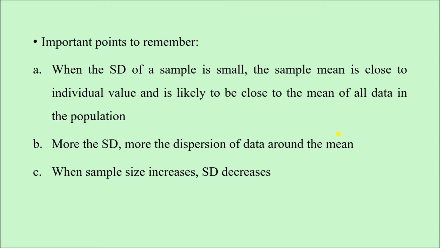On the contrary, if the standard deviation is large, that means the individual values of the observation are quite dispersed from the mean value. That means they are not very close to the mean value.